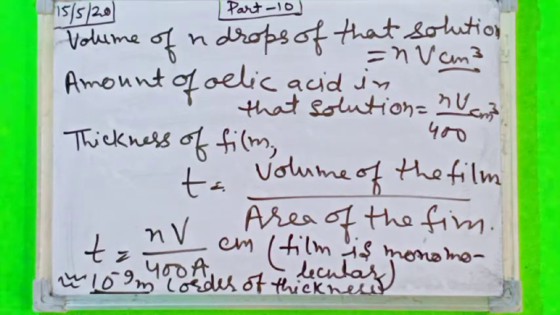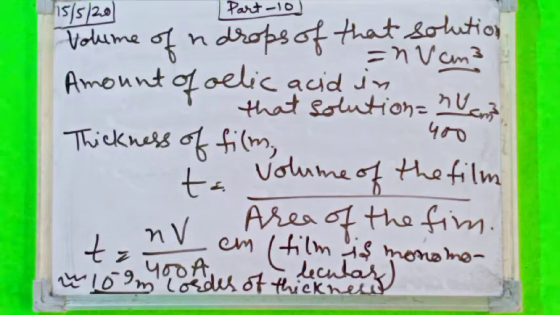This is the indirect method to find out small sizes, and one of the methods adopted to find the molecular size, which is of the order 10 to the power minus 9 meter, is the oleic acid method.